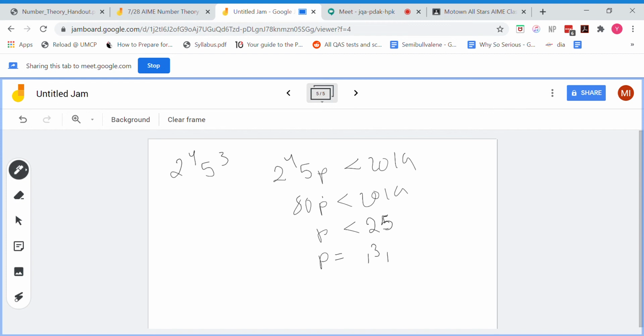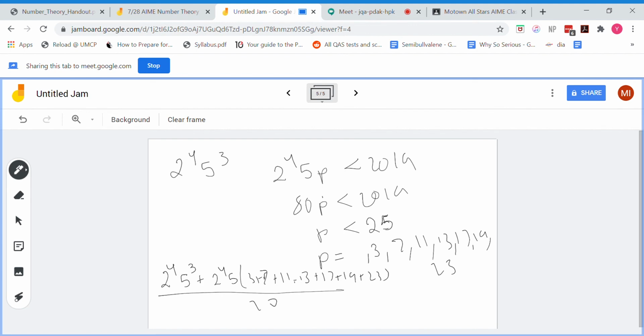So p can be 3, 5, 7, 11, 13, 17, 19, and 23. So our answer would be 2 to the 4th times 5 cubed plus 2 to the 4th times 5 times the sum 3 plus 5 plus 7 plus 11 plus 13 plus 17 plus 19 plus 23, all over 20. And that's easy to compute, right? So I'll leave that up to you.